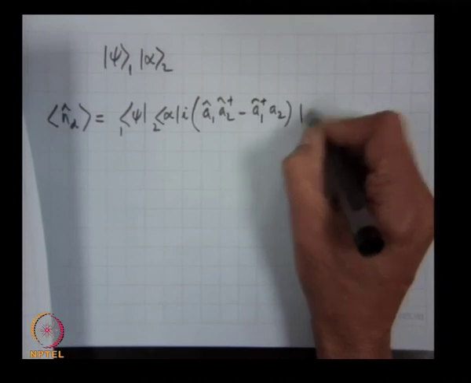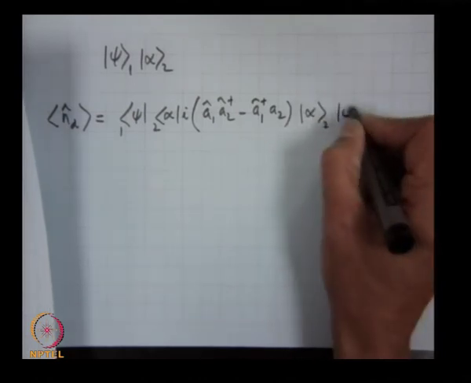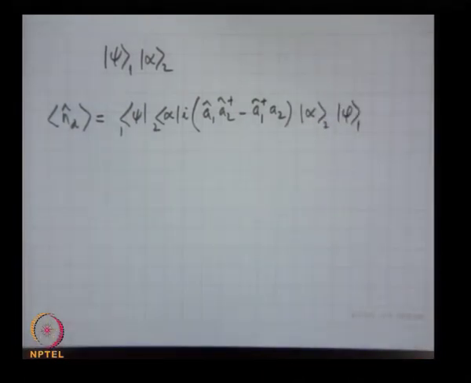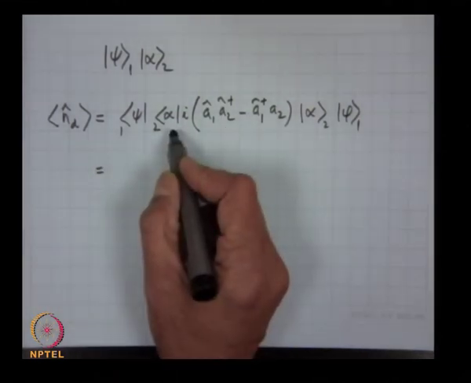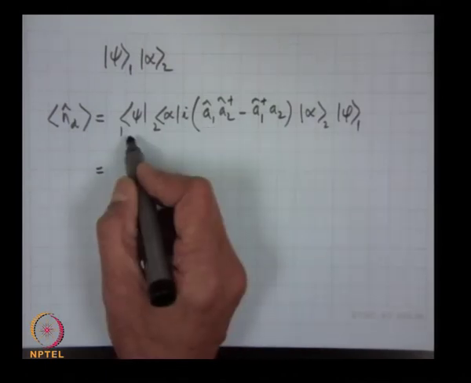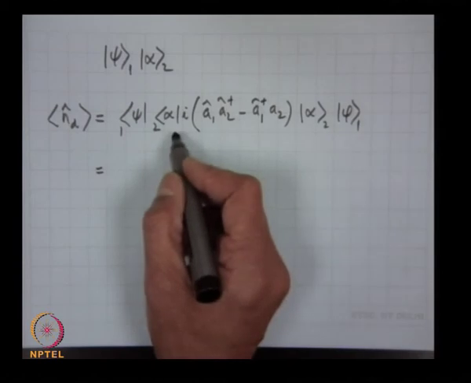On again alpha 2. I have not specified what psi is. Psi could be an arbitrary state, it could be a vacuum state, it could be a squeezed state, whatever. Now the A2s operate on alpha and A1s operate on psi. Psi is input in arm 1 and alpha is input in arm 2.